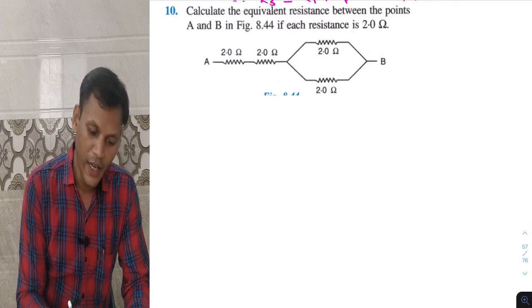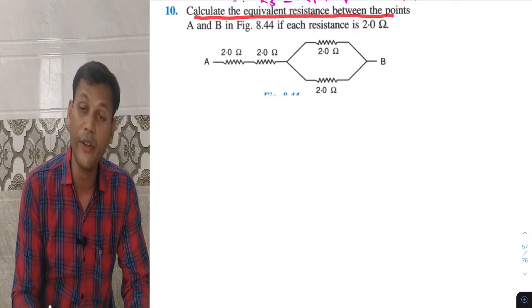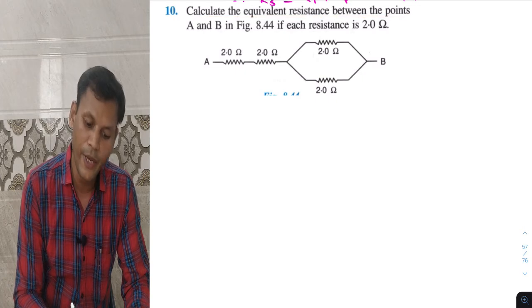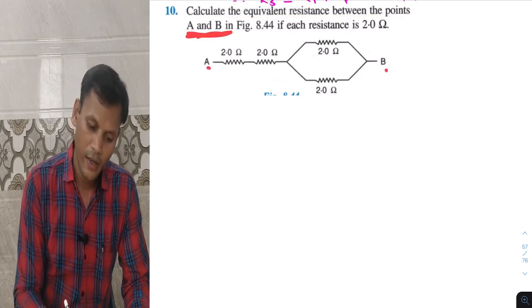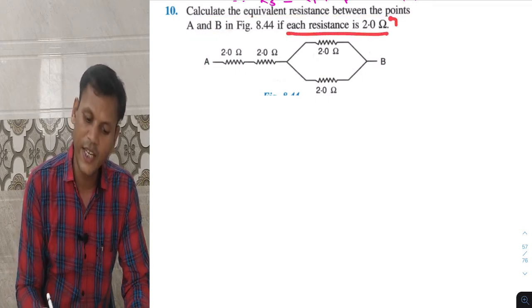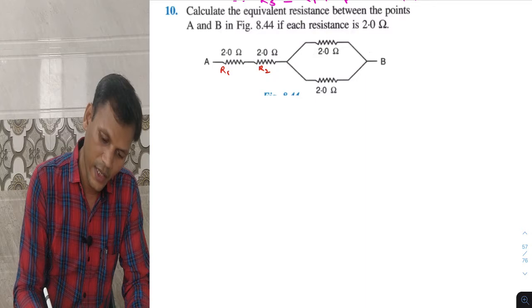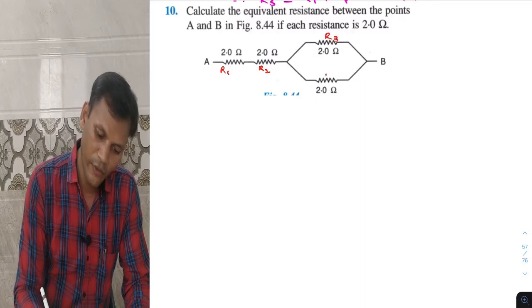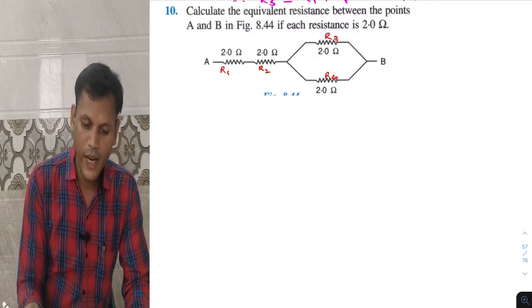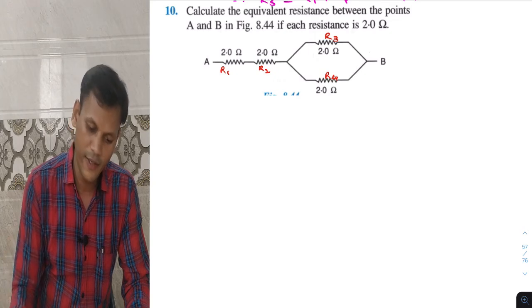Question number 10. Calculate the equivalent resistance between the points A and B, if each resistance is 2 ohm. So I will mark, this is R1, this is R2, this is R3, this is R4. We have to find the equivalent resistance.